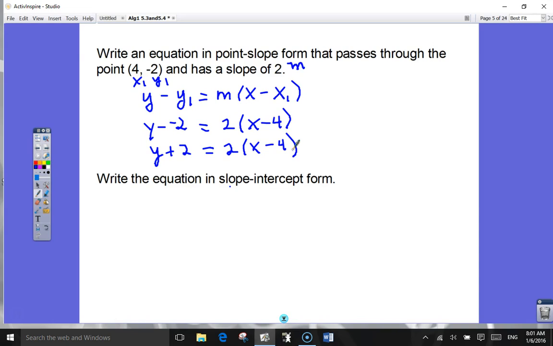Now, I think some of the homework problems don't ask you to take this next step, but we should always then put it in slope-intercept form from there. So how do I take that equation and put it into slope-intercept form, generally?